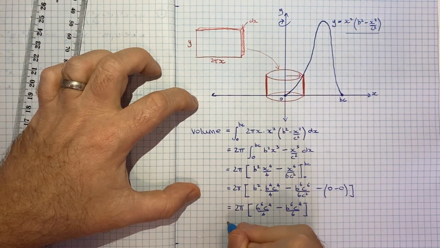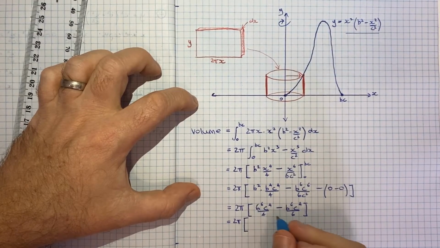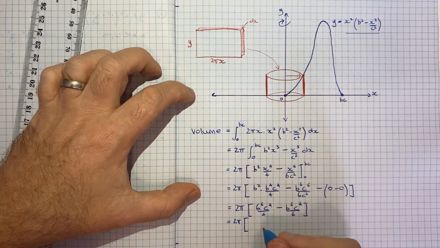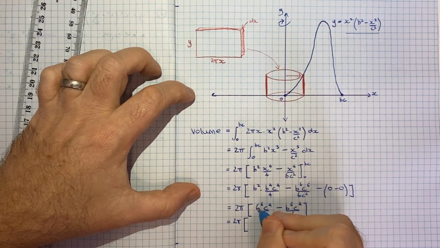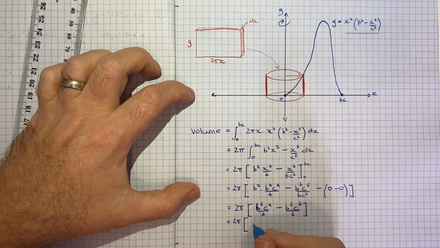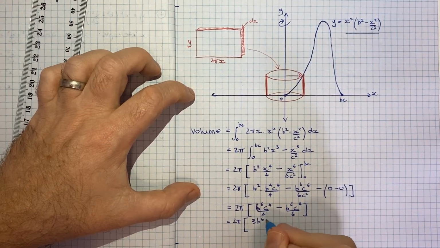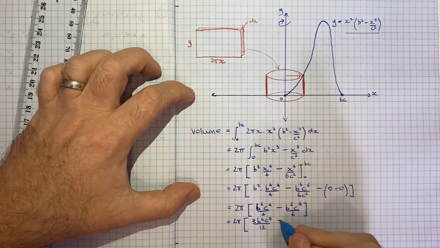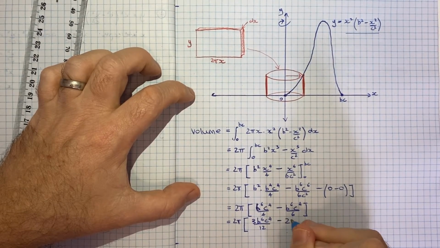So that would be 2 pi, common denominator we could get of 12. To get this on 12, we need to multiply top and bottom by 3. So 3b to the 6 c to the 4 on 12. Here we need to multiply top and bottom by 2. So 2b to the 6 c to the 4 on 12.